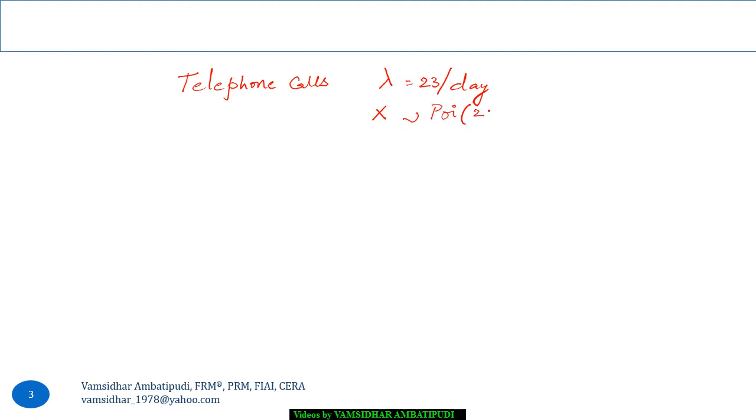So the parameter is lambda here. Find the probability that in a particular day I get exactly 20 phone calls. Or find the probability that I get anywhere between 21 and 23 phone calls per day.